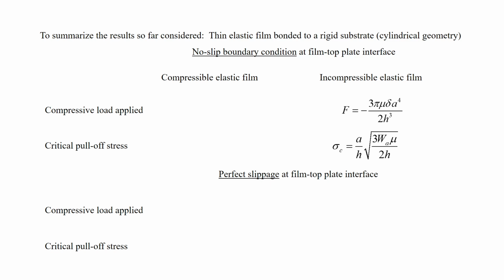We carried out this analysis for an incompressible elastic film in the last lecture, where we developed the critical pull-off stress given by this kind of equation, in the case of slipless contact at the top surface, the film-top surface interface.